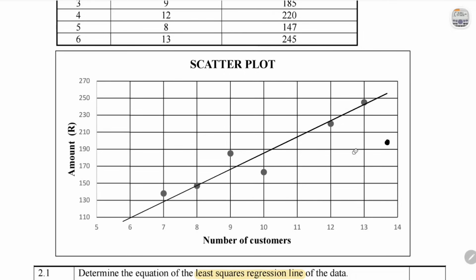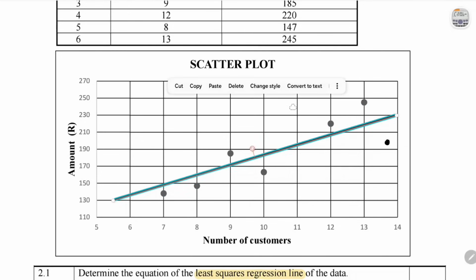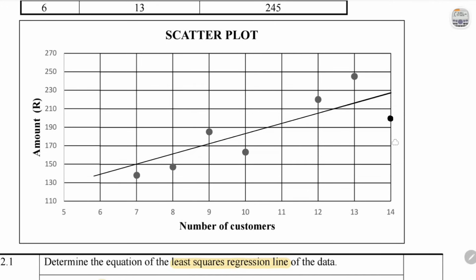So because you're adding more points down here, it's going to cause it to decrease. It's not really because it's far, it's because of where it is. We're adding a point that is below that general trend, that line of best fit.